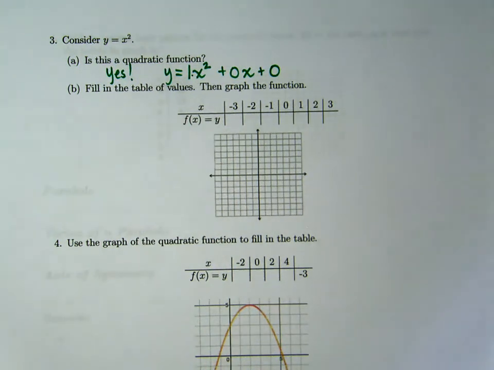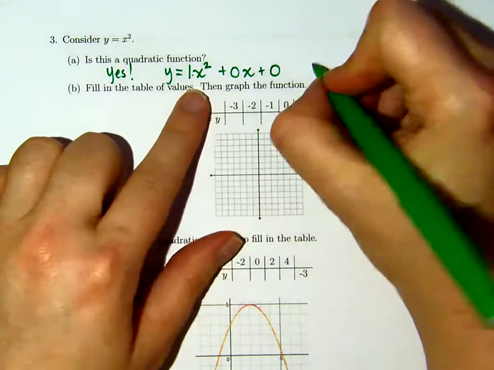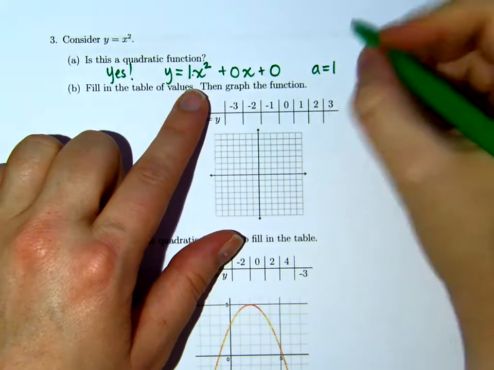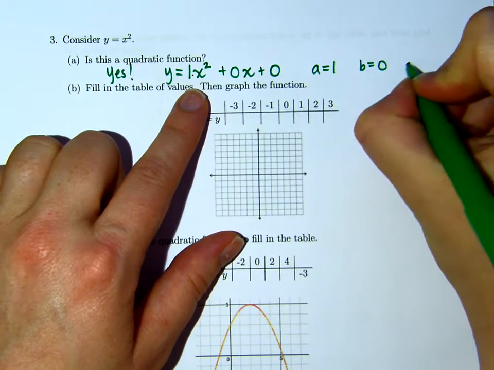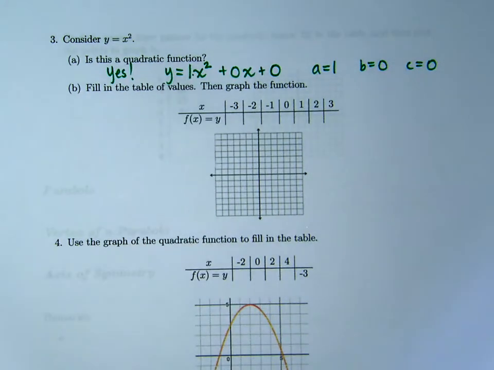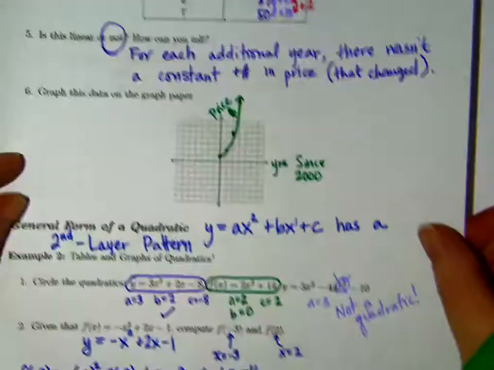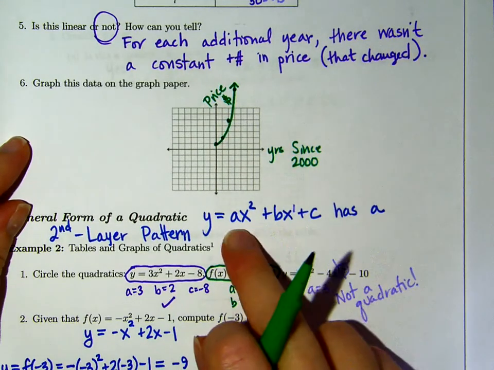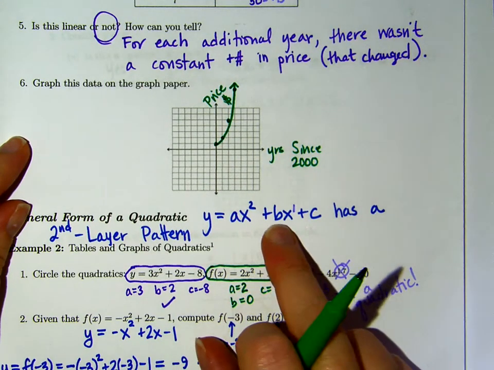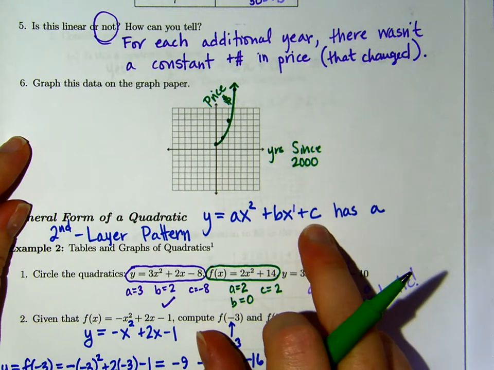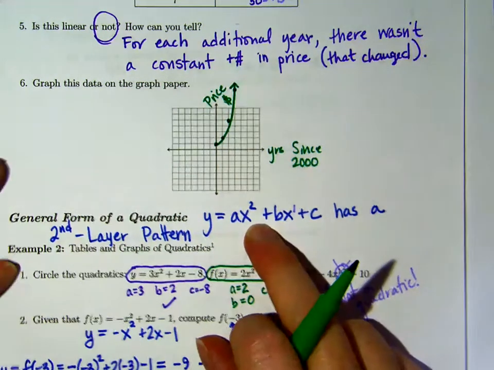So that means that A is 1, B is 0, C is 0, in order to be in this general form, 1x squared plus 0x's plus 0. So it does work out.